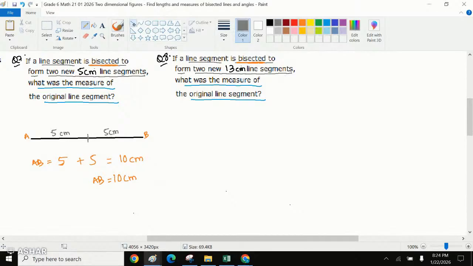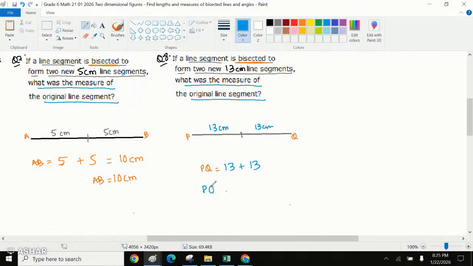That means if we had a line that was broken down into two equal segments, each segment was 13 centimeters, and we label this as P and Q, right? Then the length of PQ would be 13 plus 13.